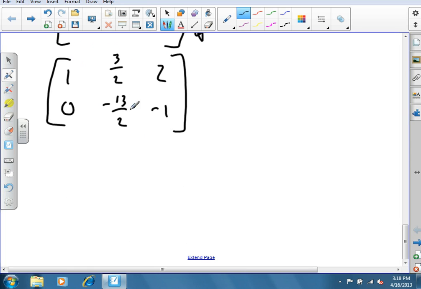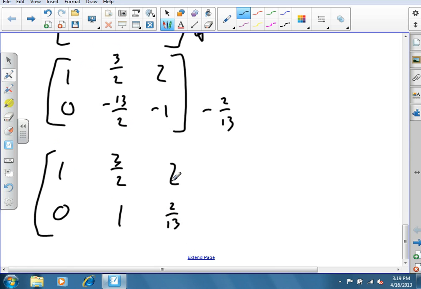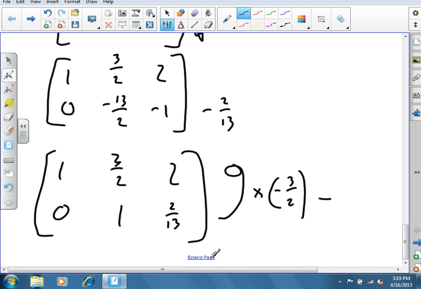Okay, and then I want a 1 sitting there, so I'd multiply by minus 2 over 13, and I'd get 1, 3 over 2, 2, 0, 1, plus 2 over 13. And then I want a 0 there, so I'm going to multiply times minus 3 over 2, and then subtract.